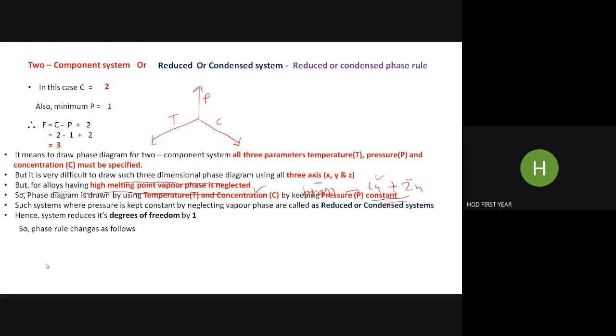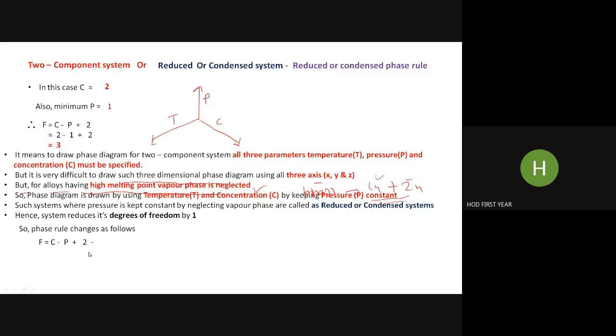How does it change? The original rule is F is equal to C minus P plus 2. But when this phase rule is applied to a two component system, especially an alloy where melting point is very high, vapor phase is neglected and pressure is kept constant, such a system reduces degrees of freedom by one.